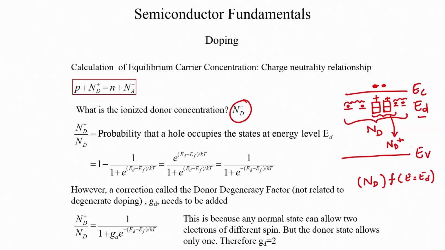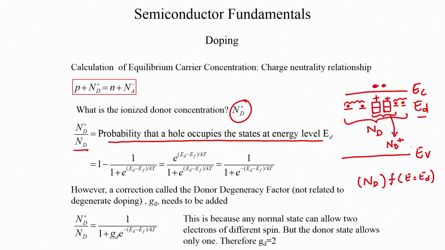We are interested in the states that are empty and therefore charged. We are interested in those states that are positively charged, that is your Nd plus. So, we are interested in the probability that an electron does not occupy the state at Ed, which means it is the probability that a hole occupies the state at energy level Ed, that is your Nd plus by Nd.